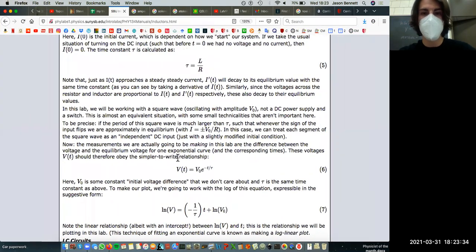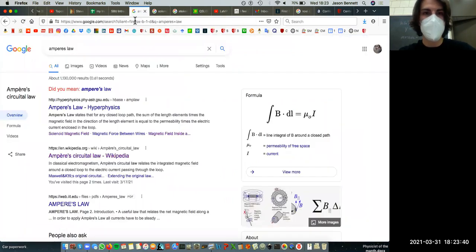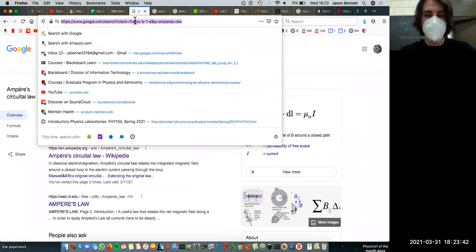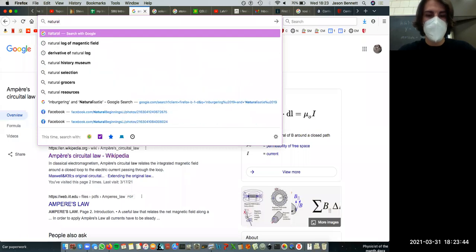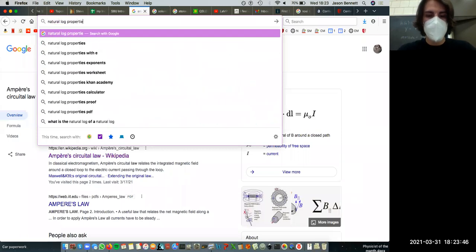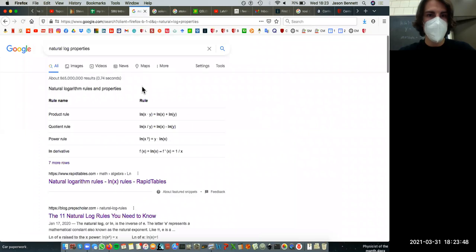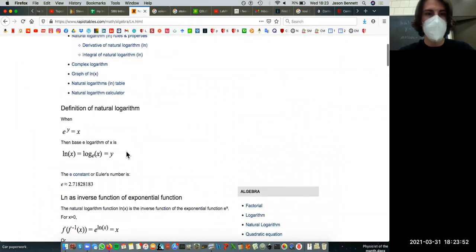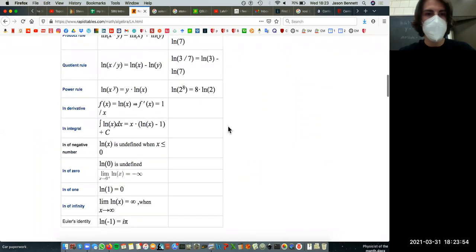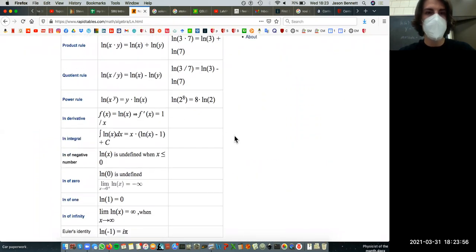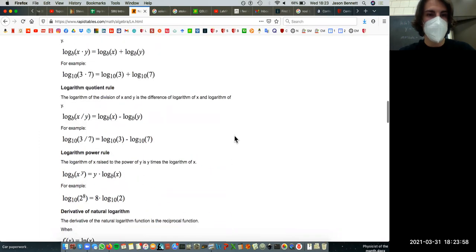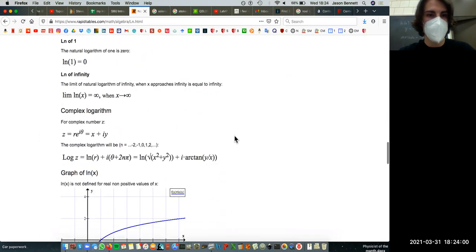What they're doing here is taking the natural log of both of these, and they do that for the following reason. Just to review really quickly, when you take the natural log of e to the exponential, what you end up with is just the thing in the exponent.